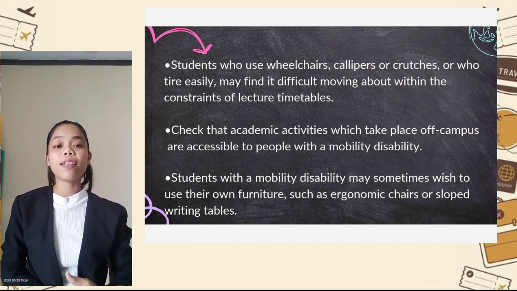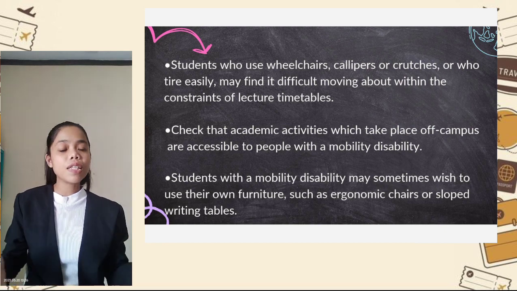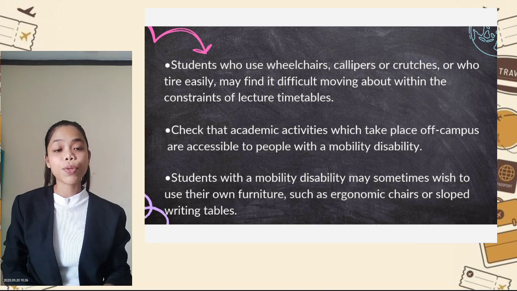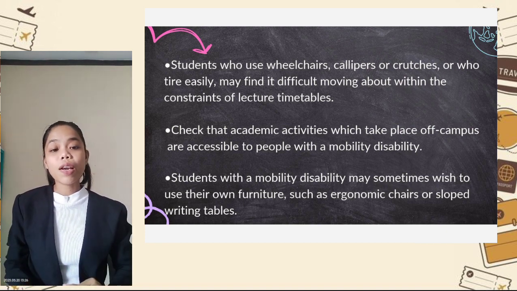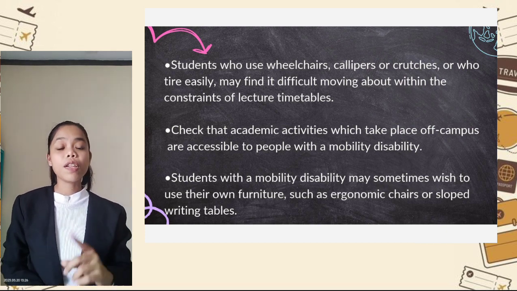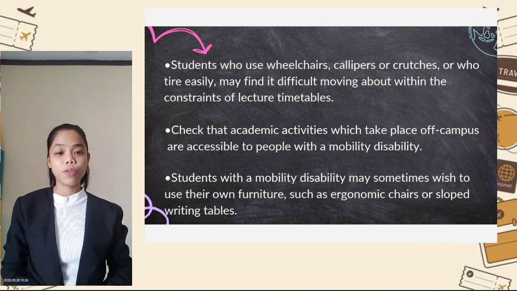The second one: check that academic activities which take place off campus, such as industry visits, interviews, or fieldwork, are accessible to people with mobility disability. So consider supplementary laboratories, practicals, films, or videos as alternative options to field trips.